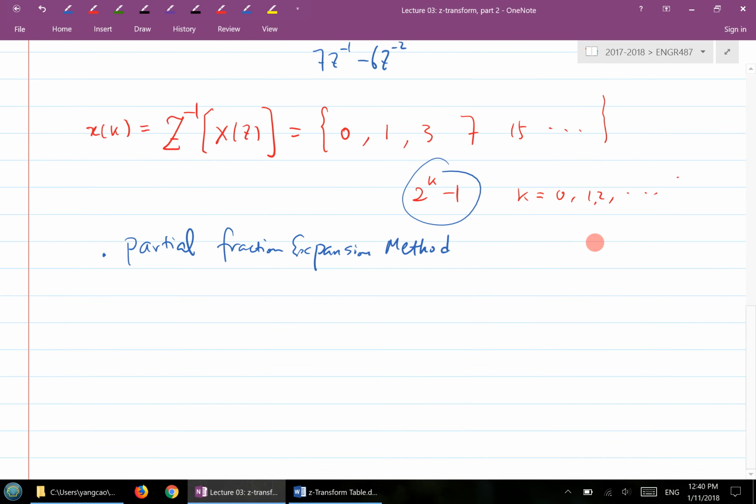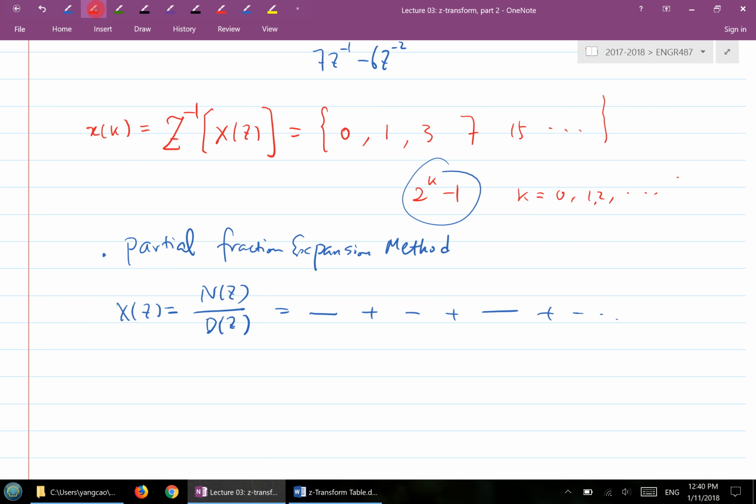So, for example, let's say we have X of z given in the format of a numerator divided by a denominator. Now, let's suppose that I'm able to decompose this fraction into an addition of a number of fractions.